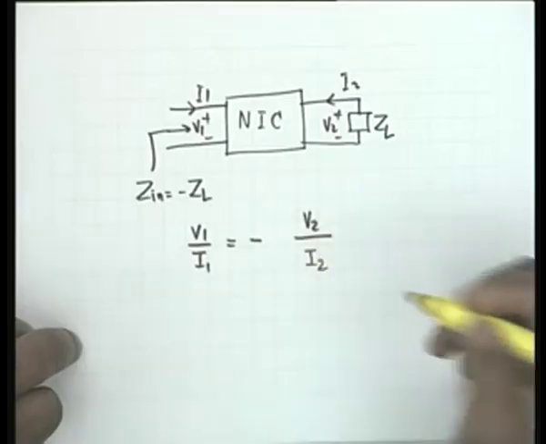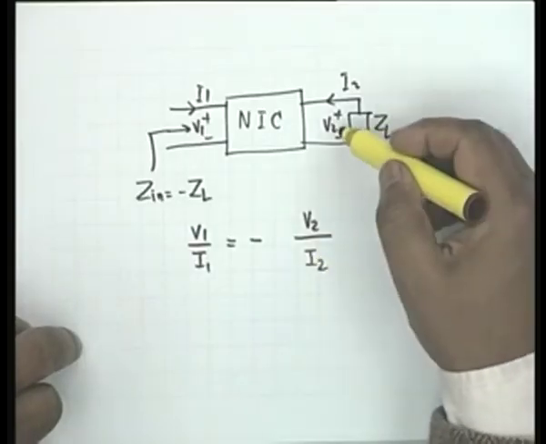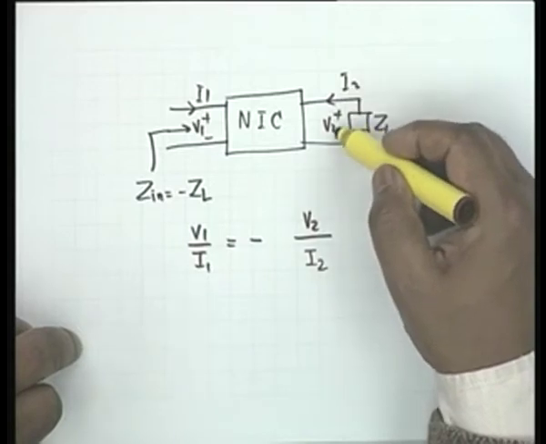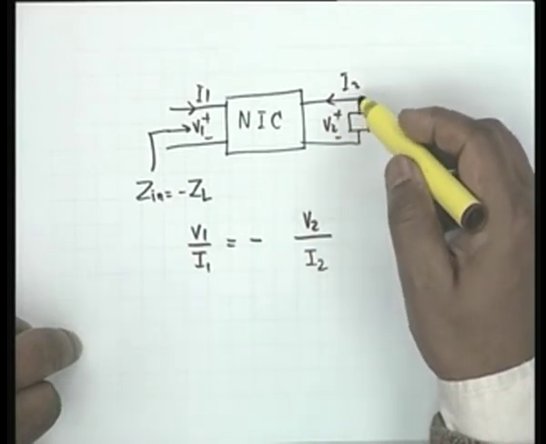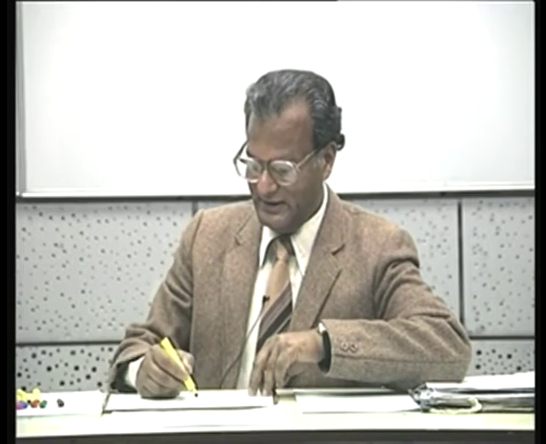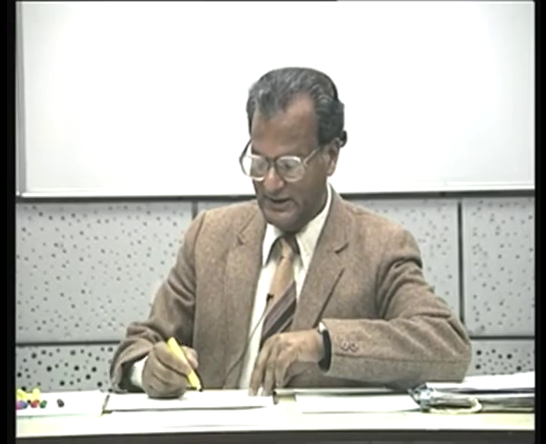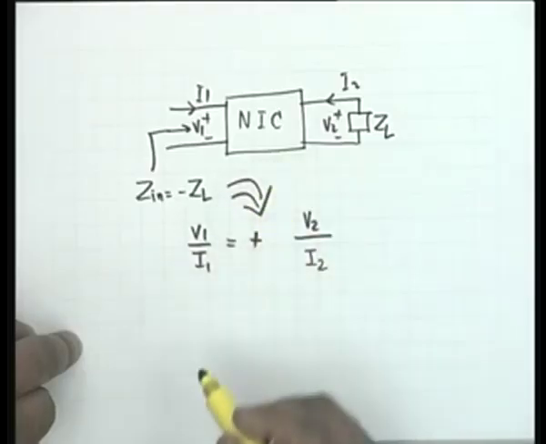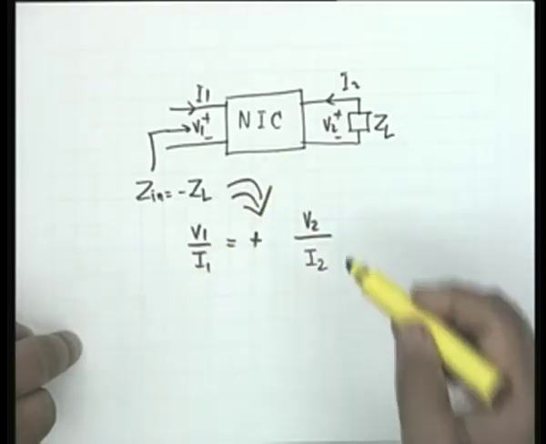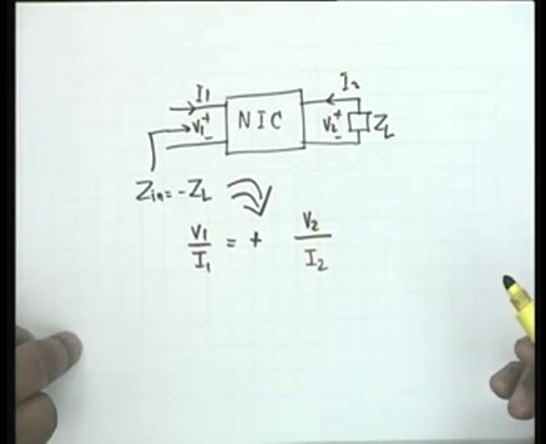No. The relation between V2 and I2 is V2 is equal to minus I2 ZL, isn't that right? Because the directions do not agree, this sign would be plus. Z in equal to minus ZL indicates that V1 by I1 is equal to V2 by I2.